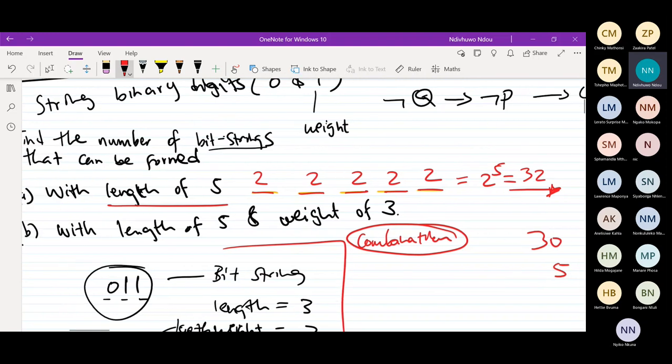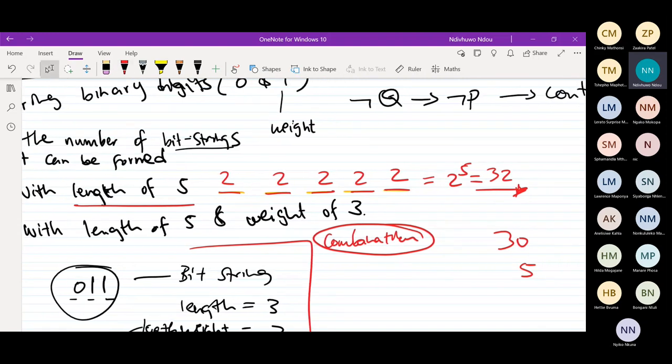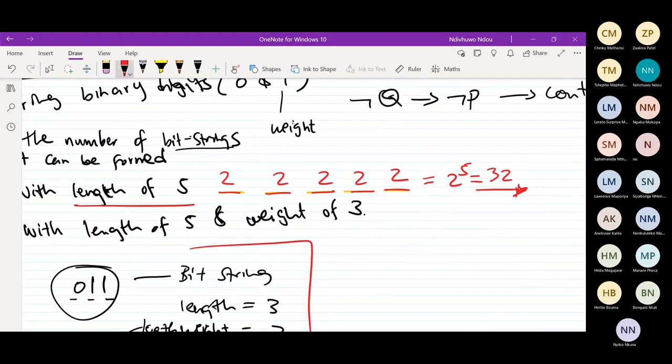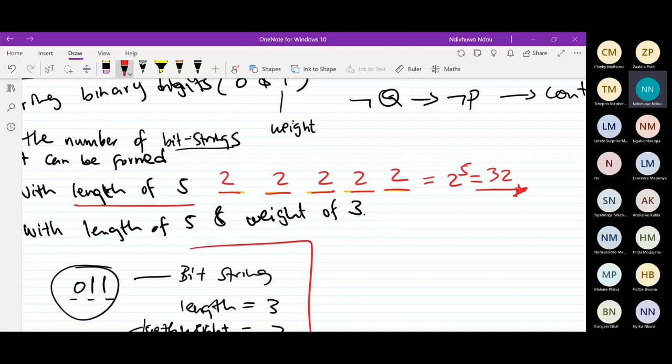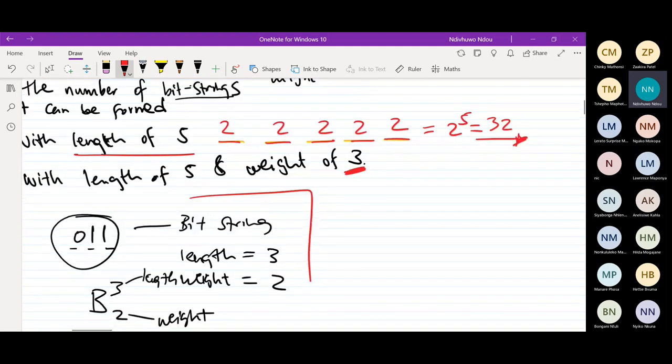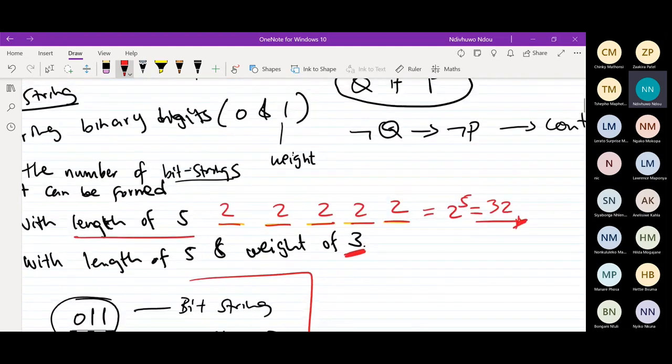So this one with a length of 5 and a weight of 3, I'm sure we are used to this. If we are to represent this in symbols, the weight must be 3, and weight represents the number of ones that we have.